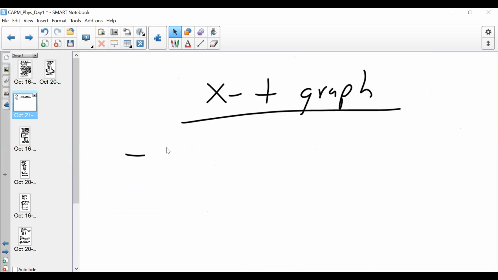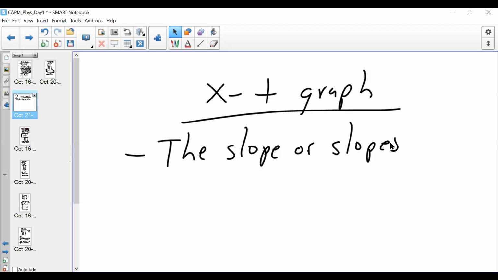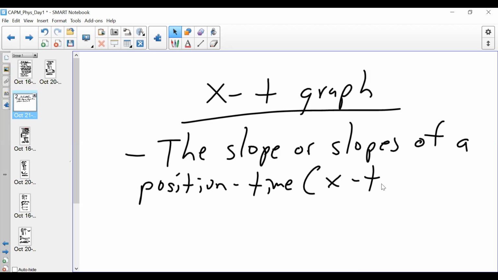Again, just repeat that definition. The slope, or slopes in our case with the curve, of a position time graph, abbreviated as xt, is the velocity.